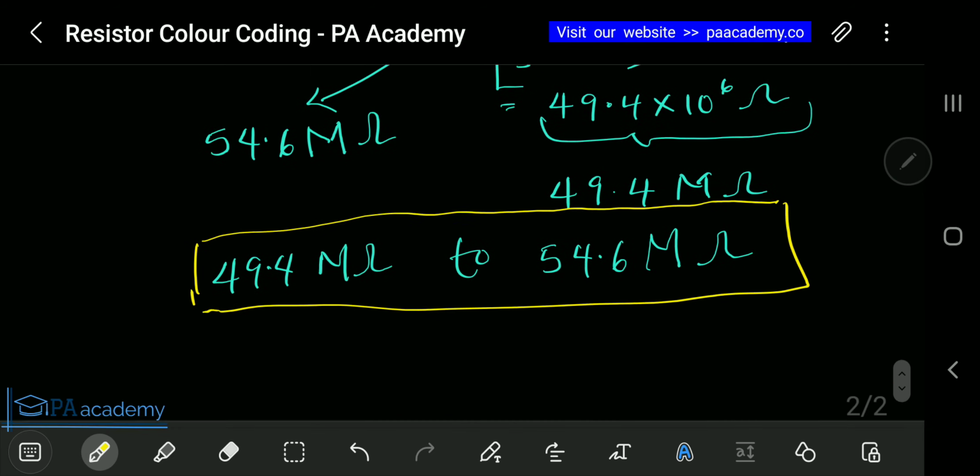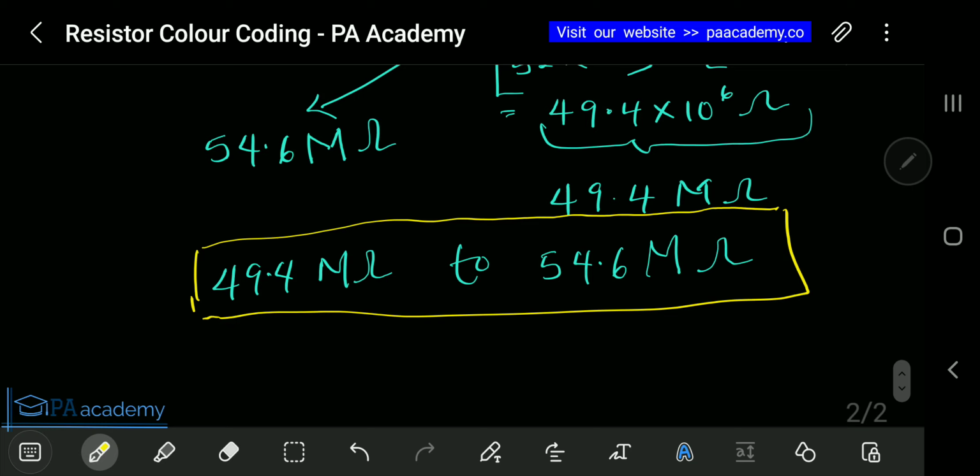So for instance, if you are performing an experiment and you need a resistor of 50 mega ohms or 52 mega ohms or even 54 mega ohms, you can see.